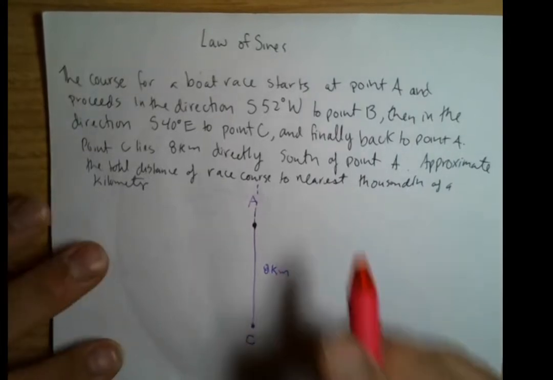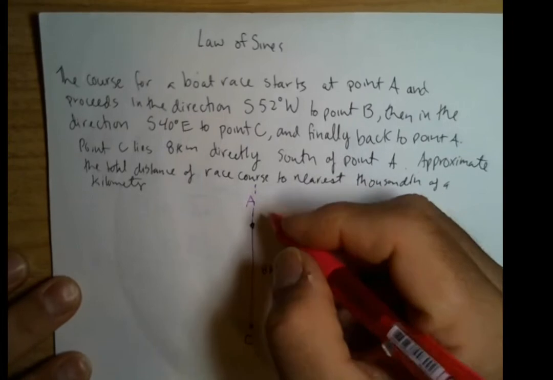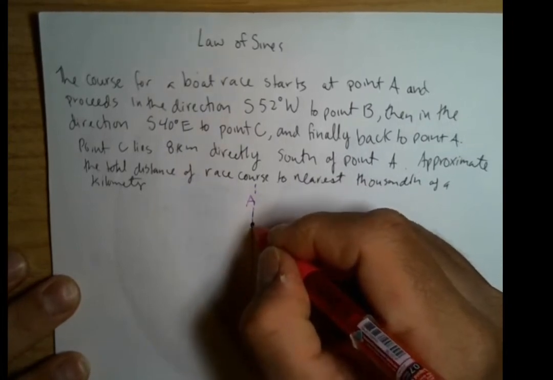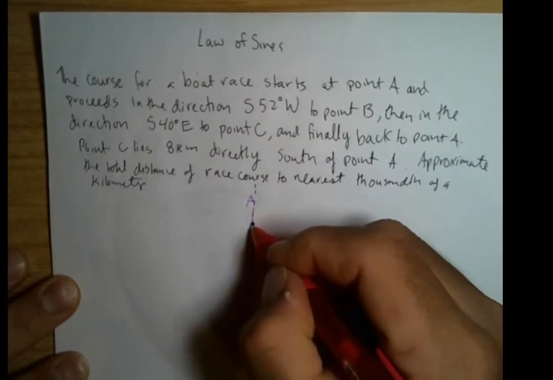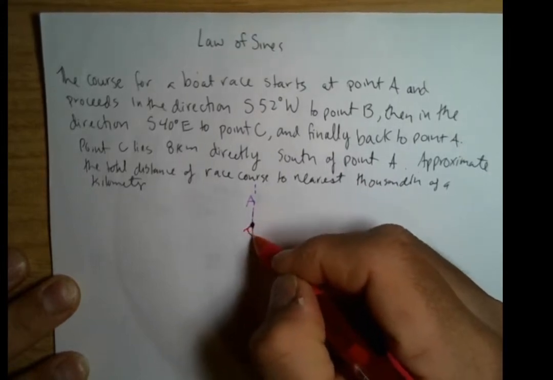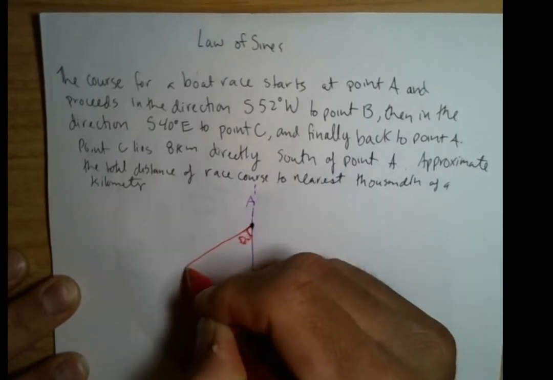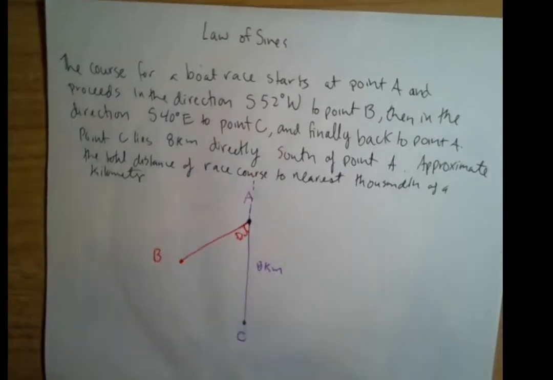The course starts at point A and proceeds in the direction of south 52 degrees west, right? So south and then 52 degrees west, so in this direction here. And point B lies somewhere here.